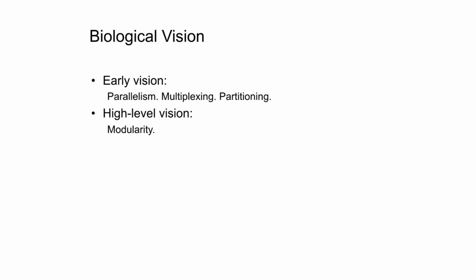So the biological vision system can be classified as the early vision phase and the high level vision phase, as we already discussed. The early vision phase is more about parallelism, multiplexing, and partitioning, and high level vision mainly emphasizes the modular structure of our brain for specialized processing of different percepts from the environment.